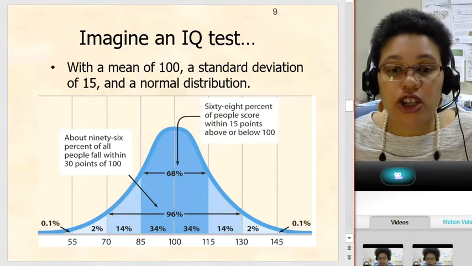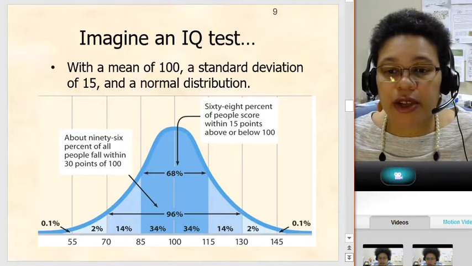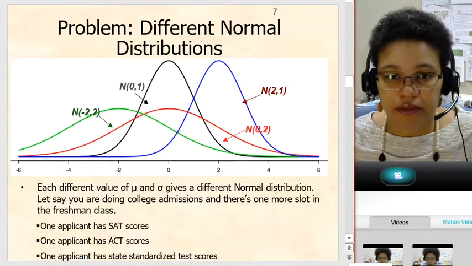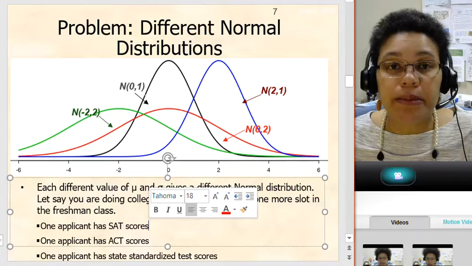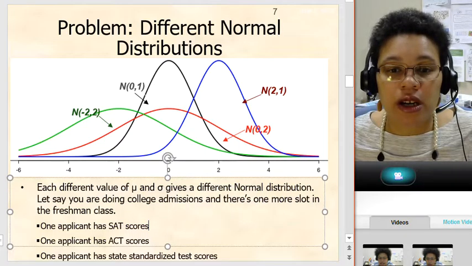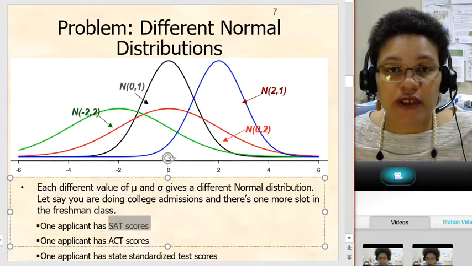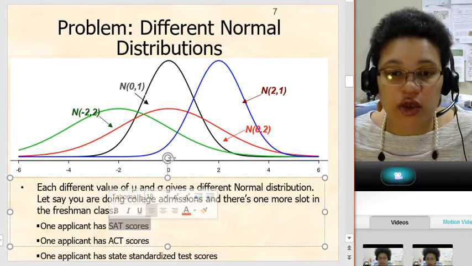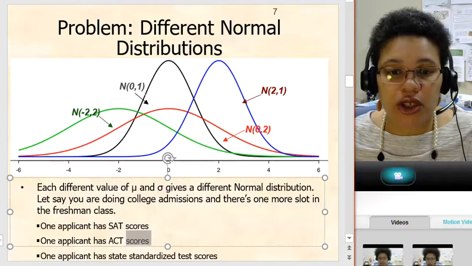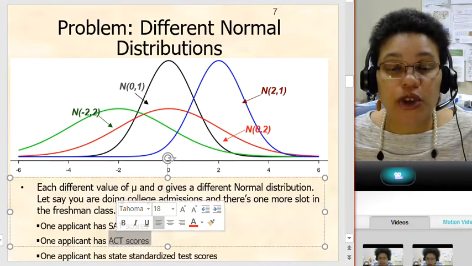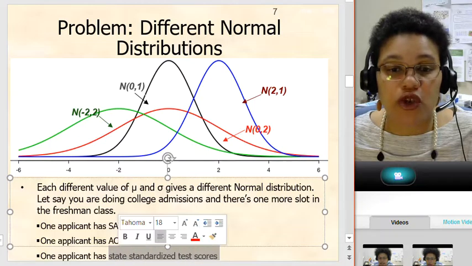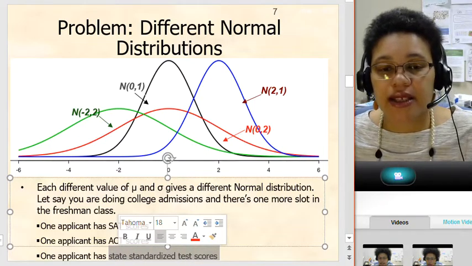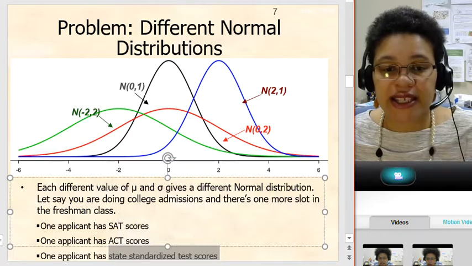So, back to our previous example, if we knew the mean SAT score and the distribution of the SAT score, we would know kind of where the student is falling in the normal distribution. Same thing, we would know for this applicant where they were falling in the normal distribution if we knew the mean ACT and standard deviation of the ACT scores, and the same thing for the state standardized test scores.